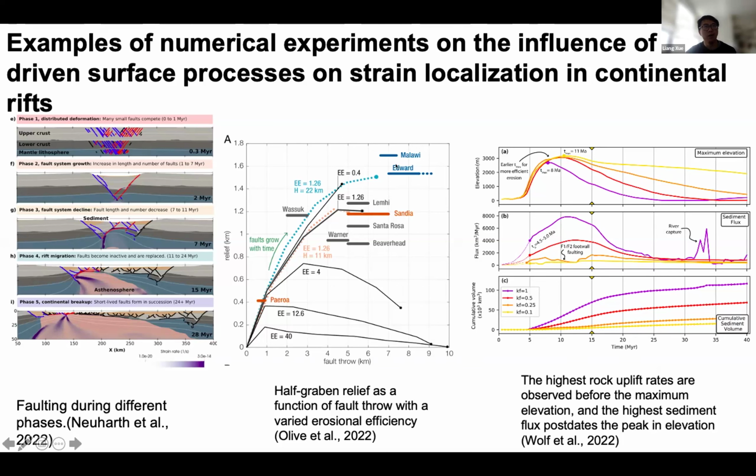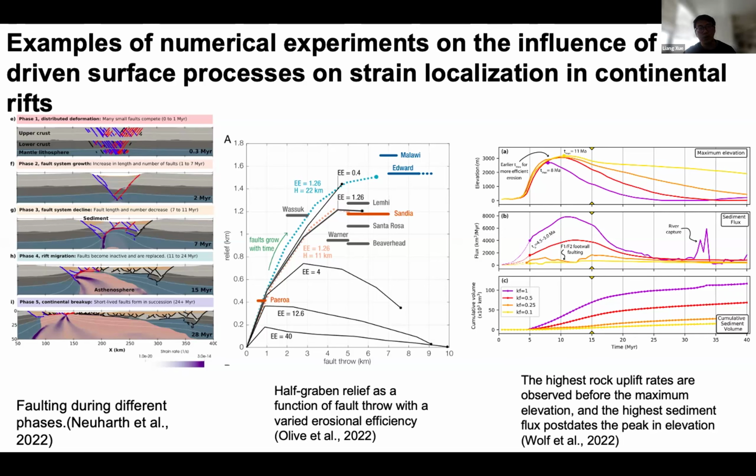For example, Neuharth et al., on your left, looked at the role of the erodibilities in the different phases of rifting, from the initiation stage to continental breakup, in different cases like wide rifts and asymmetric rifts, and they looked at how sedimentation could change localization in those different phases.